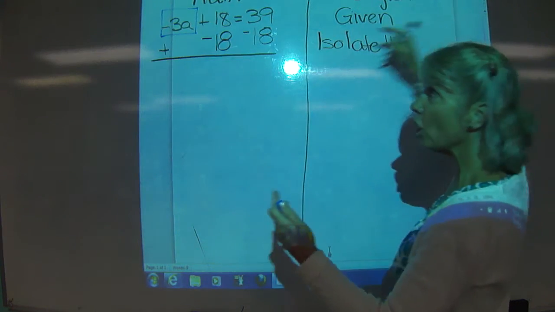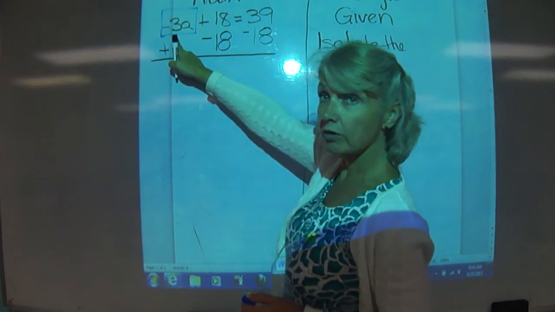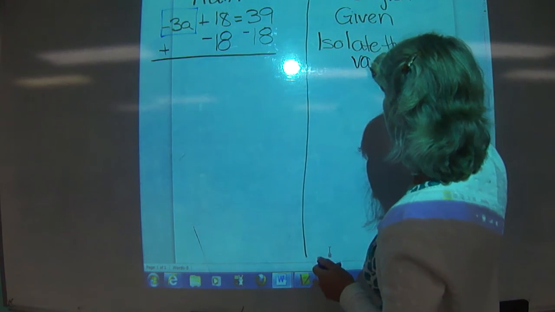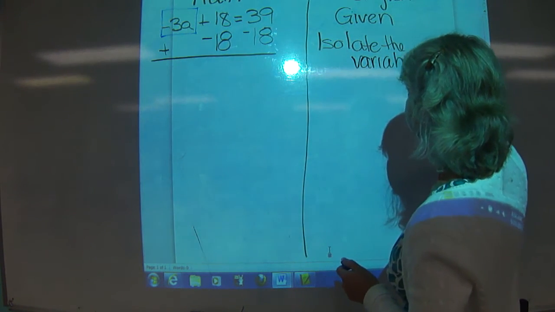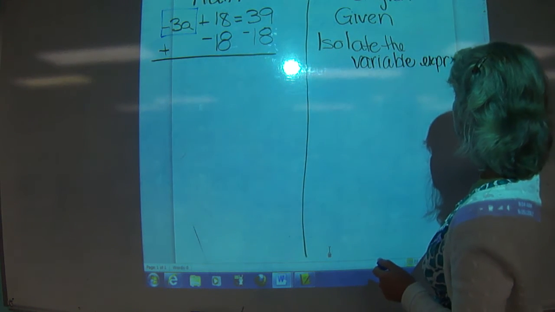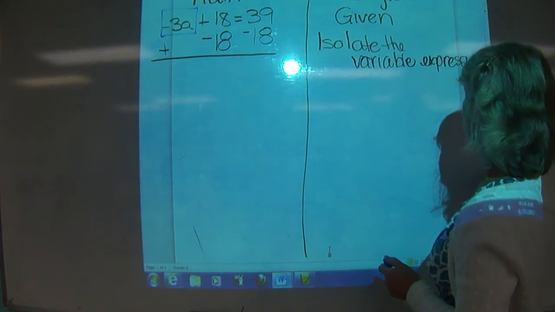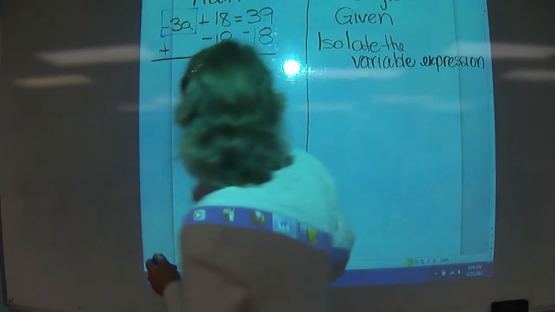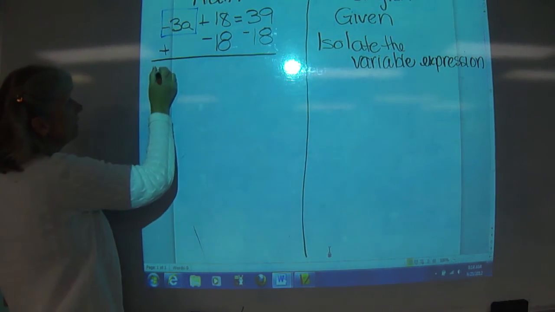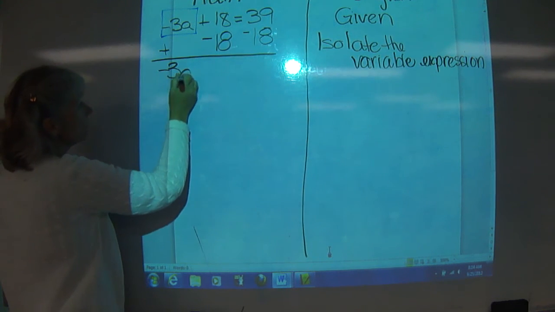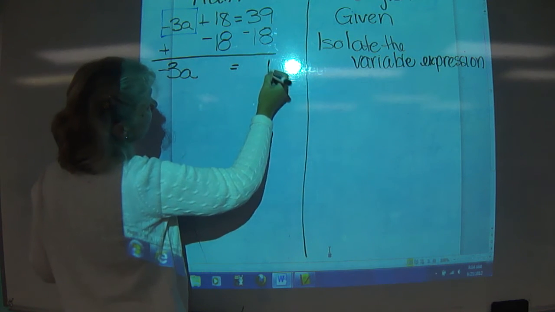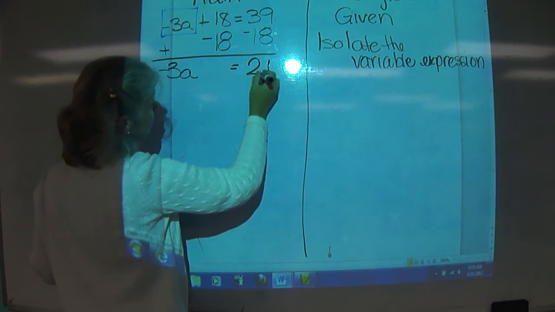Because it has a coefficient, a number multiplying with the variable, it's called a variable expression. Okay. So a positive 18 and a negative 18 is nothing, so I can leave that blank. I still have negative 3a in my equation, and 39 minus 18 is 21.